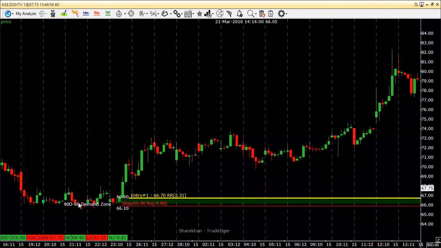I'm sure you can see here what we have is a pause followed by a very sharp up move in price. So I have just identified this zone here as a demand zone, and just above my demand zone I have placed my entry price, and just below my demand zone I have placed my stop loss.